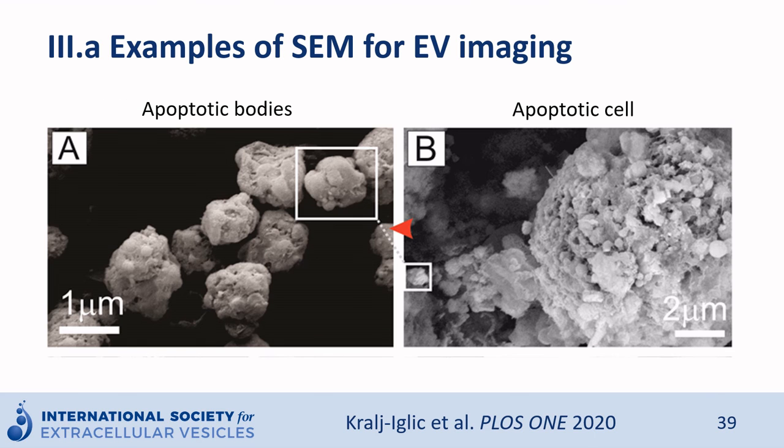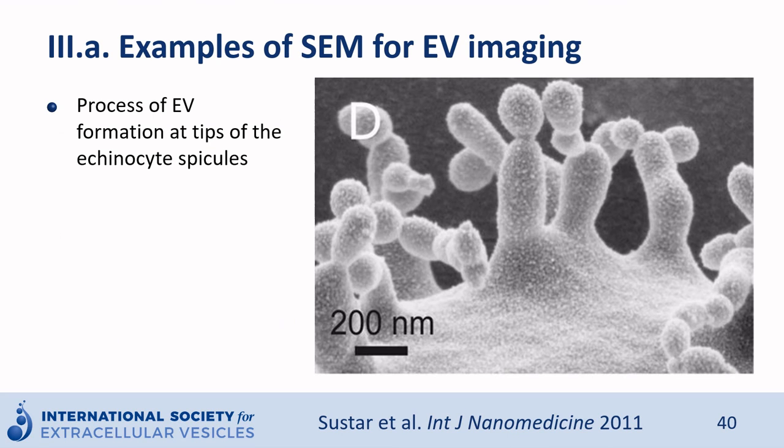We have observed isolates from cells treated with staurosporine to induce apoptosis. Imaging of erythrocytes treated with detergents revealed how buds are formed on the top of echinocyte spicules.